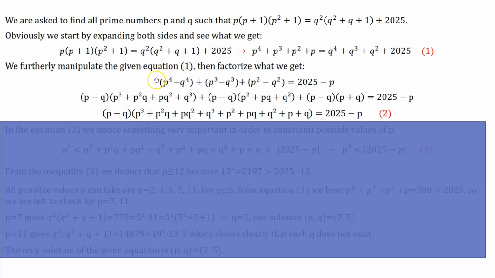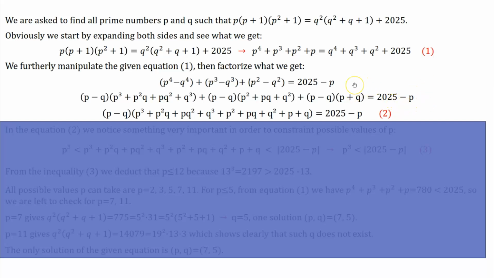Now, we know the simple formulas for the difference of powers. The first term becomes p minus q times this factor over here. The second term becomes p minus q times this factor, and the third term becomes p minus q times p plus q. This is equal to 2025 minus p.